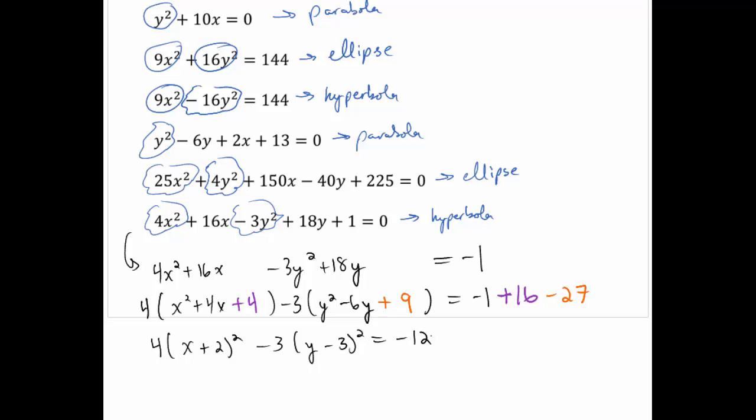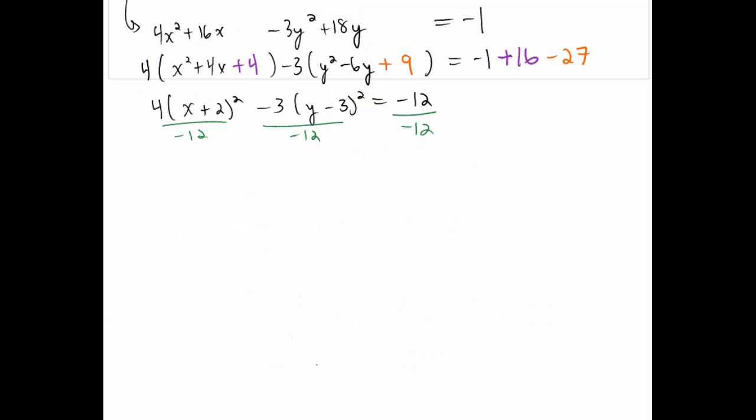Now I want to get the right hand side to be a 1, so I divide through by negative 12 each term. Dividing through by the negative 12, I would now have negative (x plus 2) squared over 3 plus (y minus 3) squared over 4 is equal to 1.